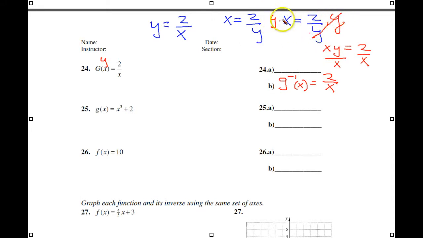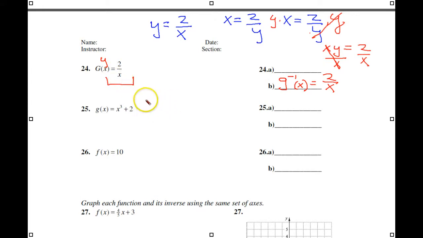They cancel on this side, and then I divide both sides by x, and our new y becomes y equals 2 over x. And you say, well, wait a minute, that's what we started with. Yes, its inverse is the same as its original function due to the nature of where the x is placed.